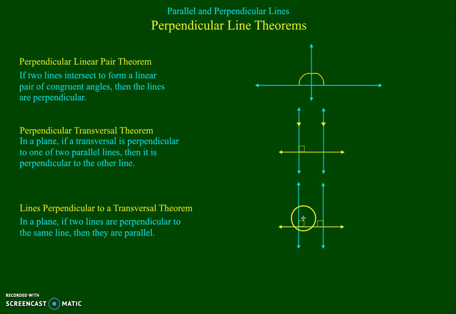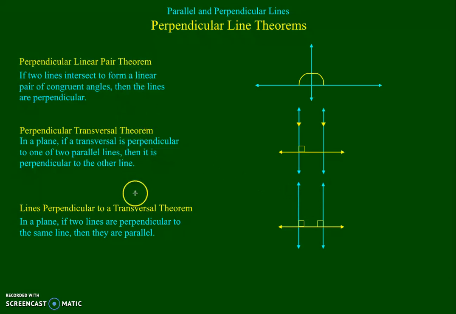Either way you recall it, it's really not important. The idea behind these is important. Also remember, both of these theorems can be very easily proven using the corresponding, consecutive, alternate interior, and alternate exterior angles theorems and their converses.